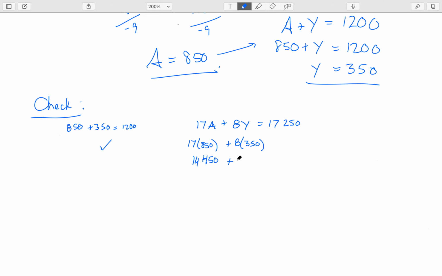And then 350 times 8 is 2,800. And if I add these two together, 14,450 and 2,800, I get 17,250. Yes, it does work.